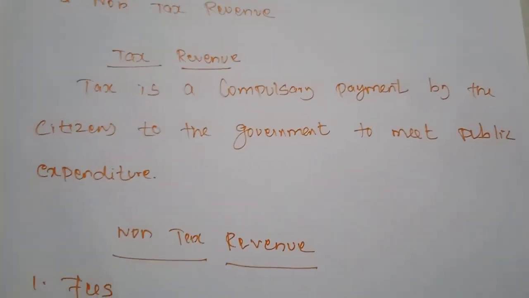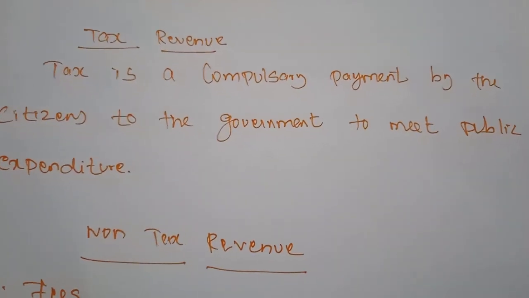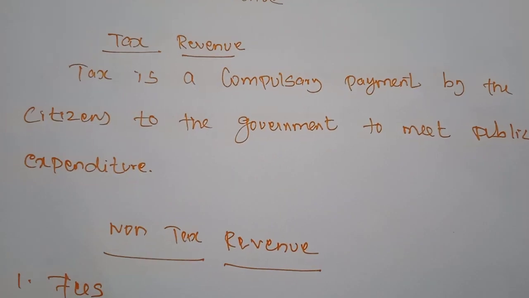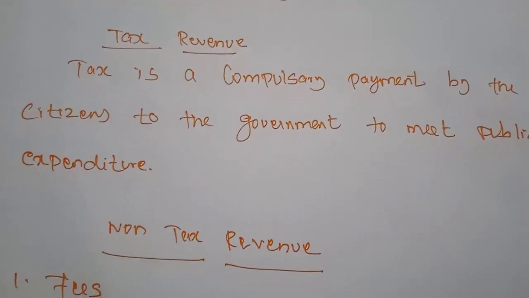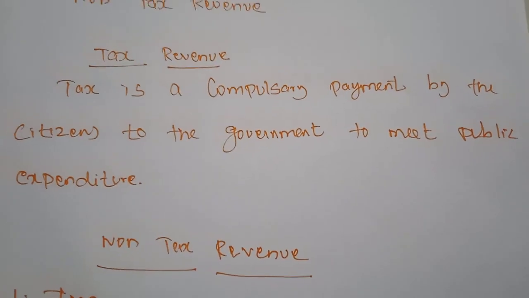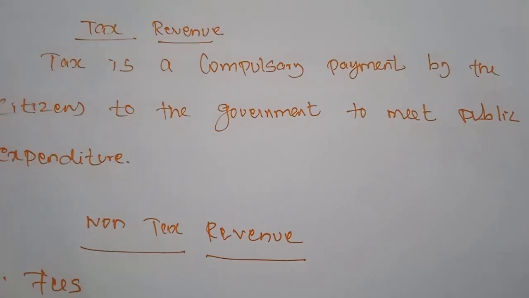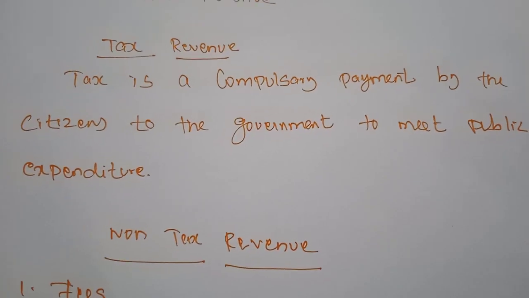Next, there is no quid pro quo between a taxpayer and the public authorities. There is no compromise. This means that the taxpayer cannot claim any specific benefit against the payment of a tax. So the government has the responsibility to make more expenditures on public welfare activities.